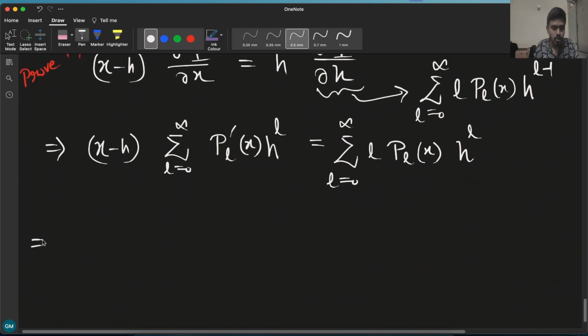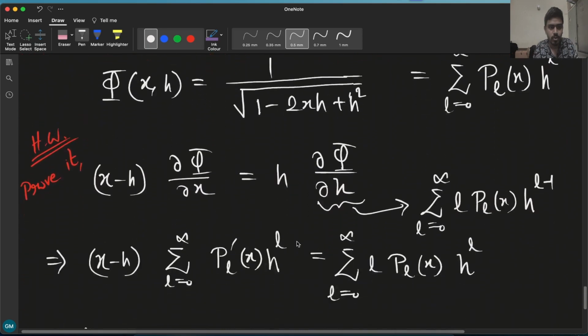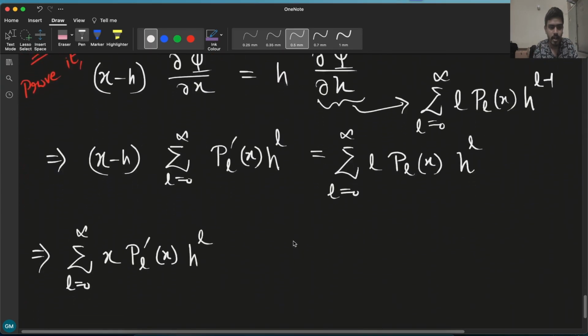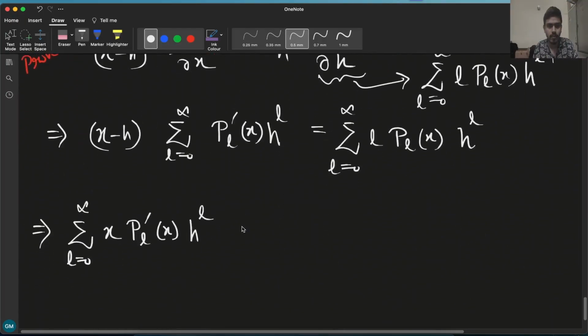Now I will multiply this term with each of these two terms. If I do that, then it is the sum over L equals 0 to infinity of x P'_L(x) h to the power L. So as a coefficient of h to the power L, I already got this term.